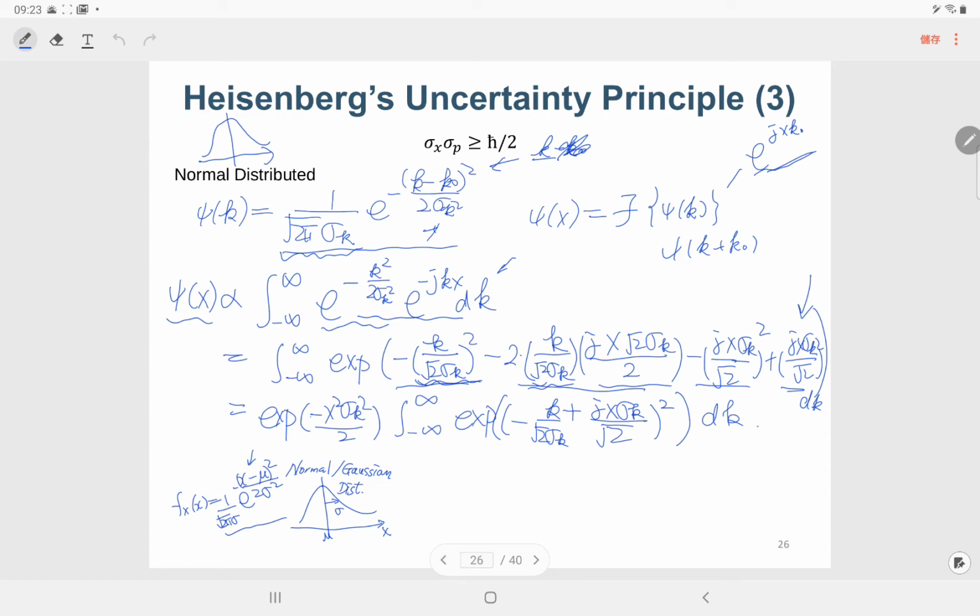Okay, so we have still some space. So we can just substitute this stuff.